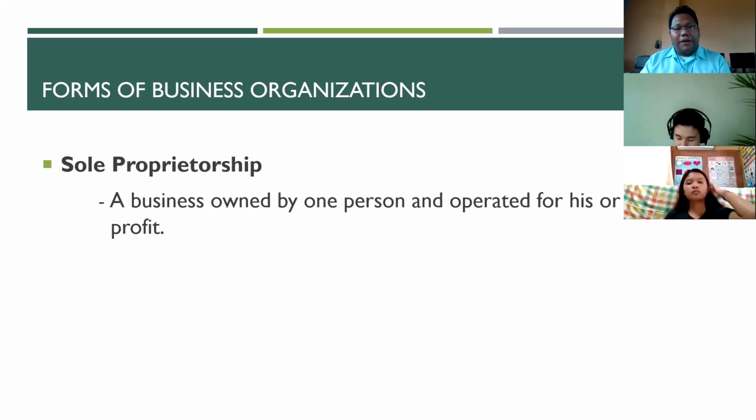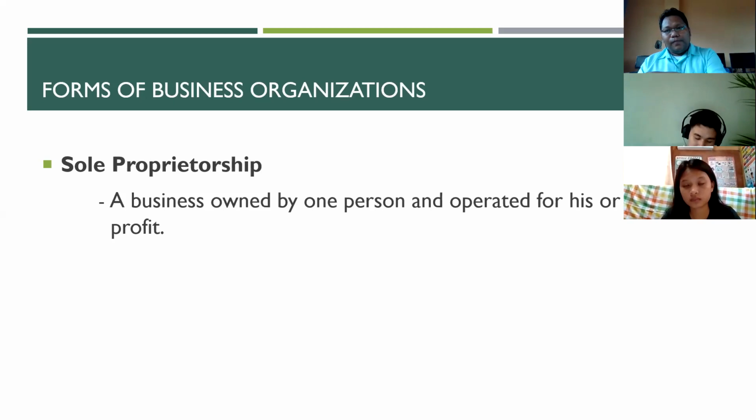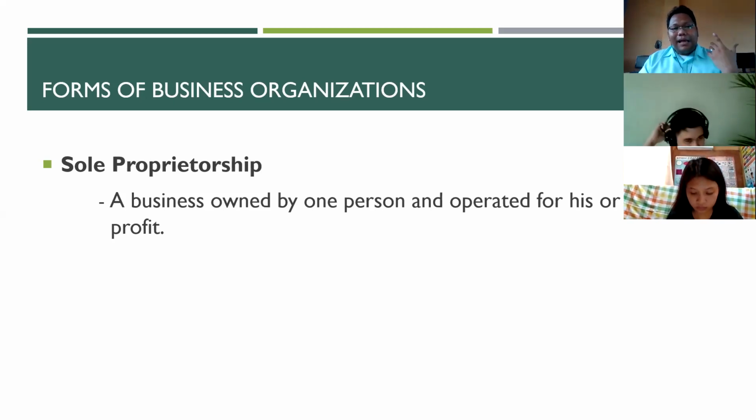But the ownership of the business belongs to only him or her. The owner is not sharing legal rights of ownership for that business with other people. Management obligations fall onto his hands. That's part of a sole proprietorship kind of business.